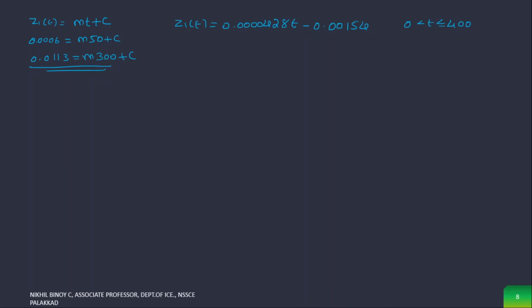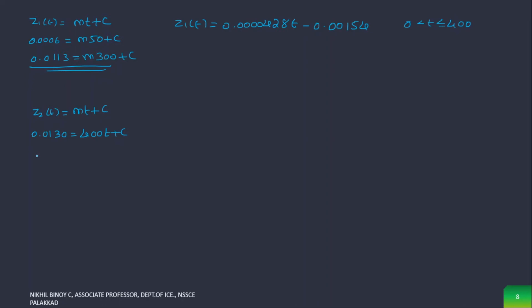Now this is Z1 of t. What about Z2 of t? Again I am using linear approximation, so Z2 of t is equal to mt plus c. At t equal to 400, the failure rate is 0.0130, so 0.0130 equals 400m plus c.